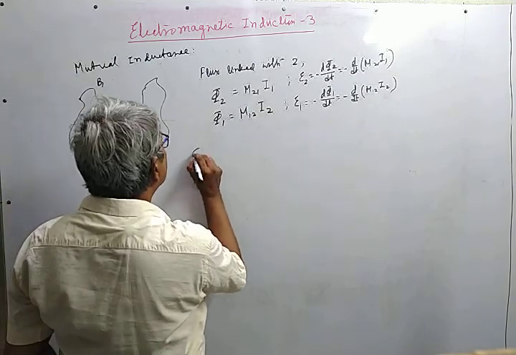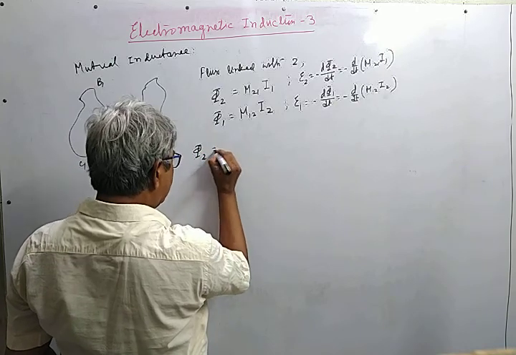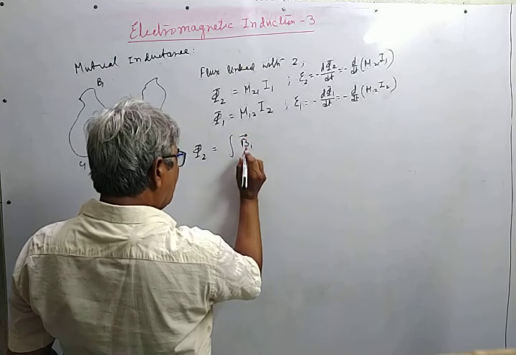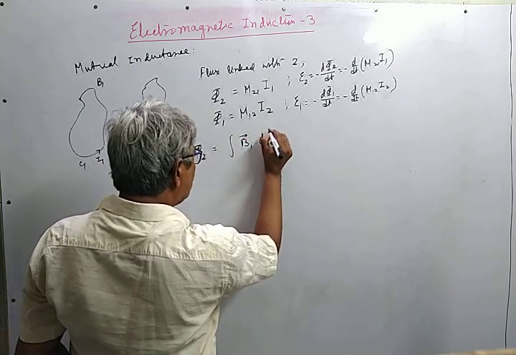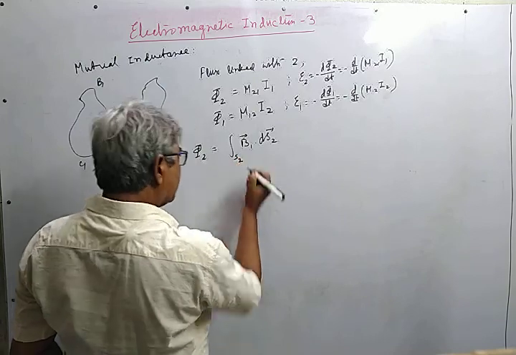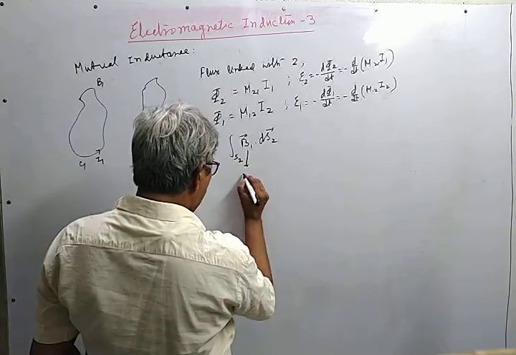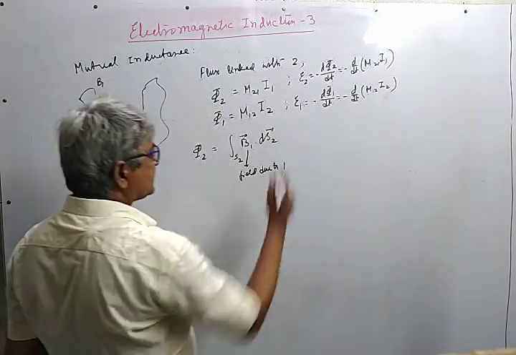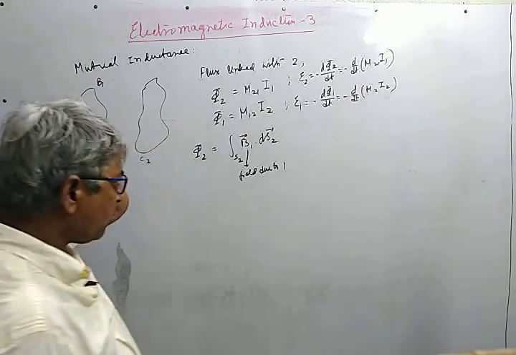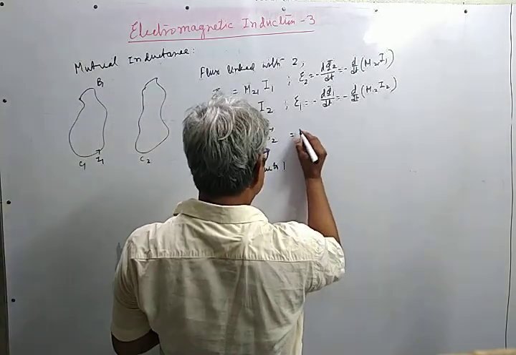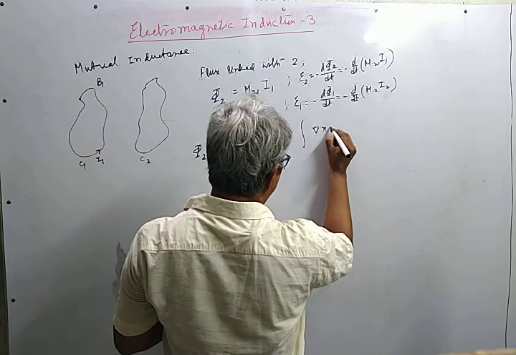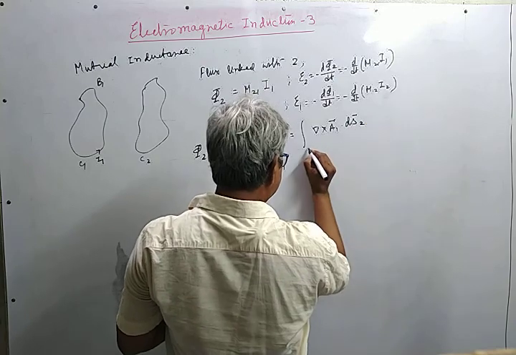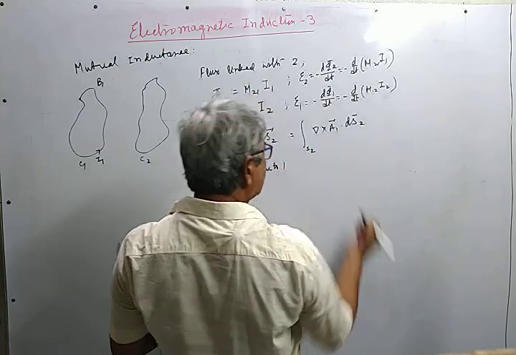Phi 2, basically the flux linked with this, is B1, the field produced by 1, times ds2, integrated over the conductor 2. So this is the field due to 1, and this is the cross-sectional area. We can write it as curl of A1 dot ds2 over conductor 2.